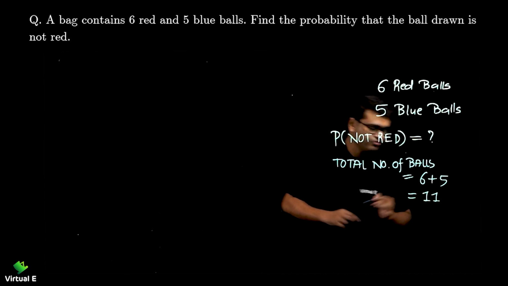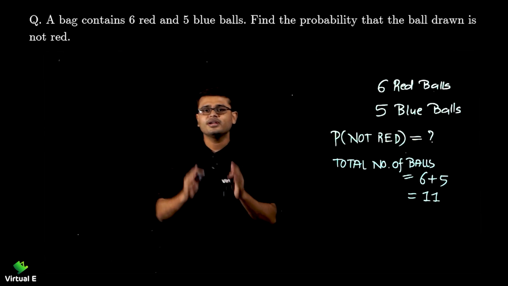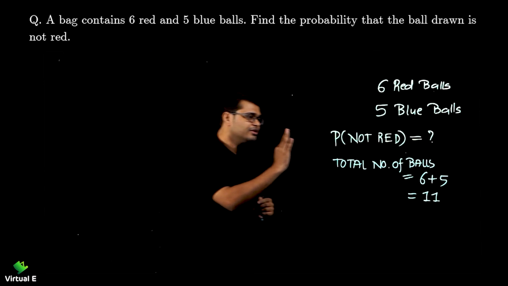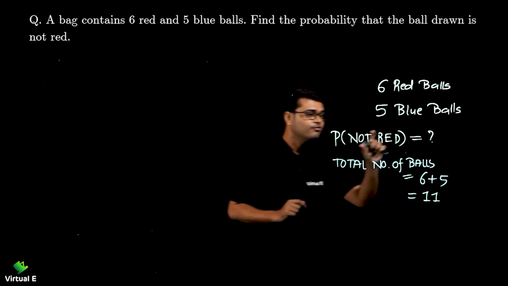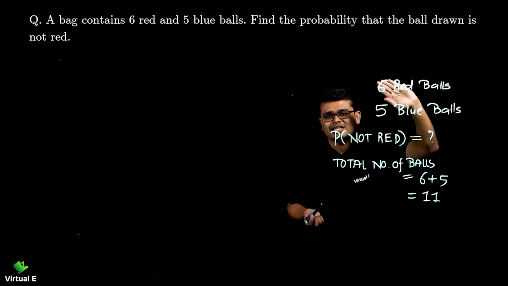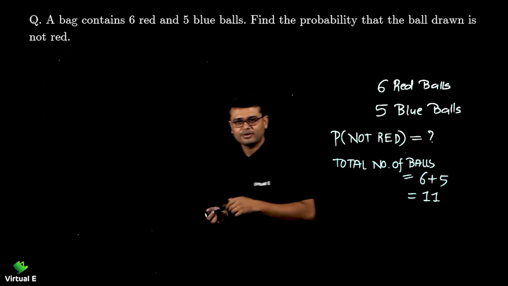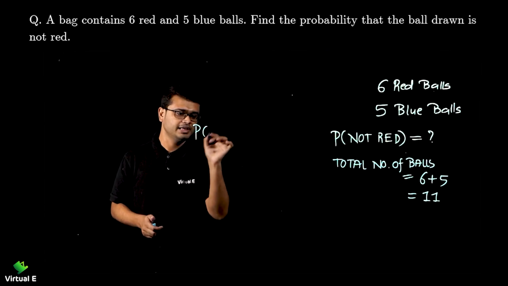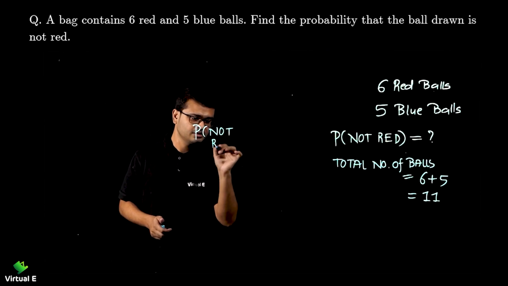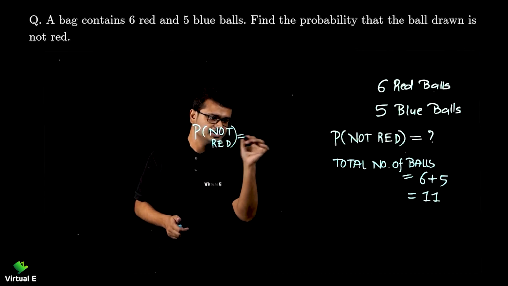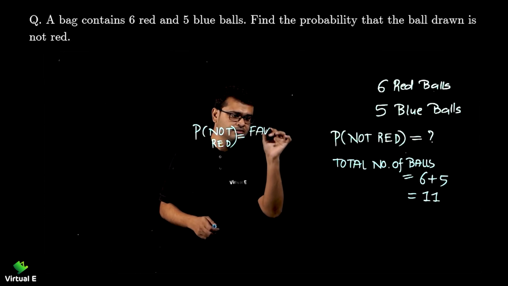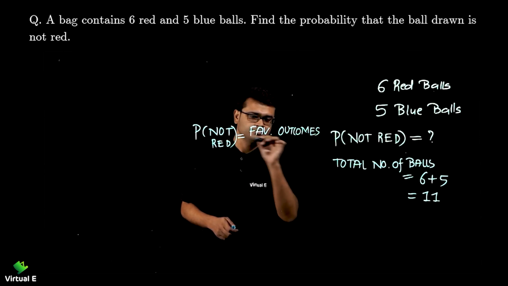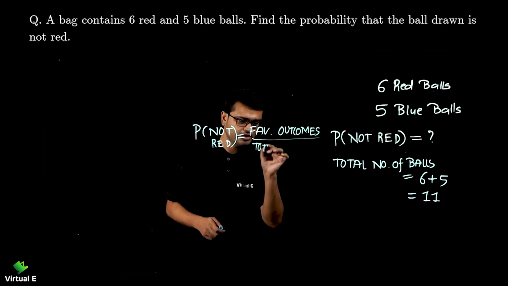So 11 balls are there, or we can say the total number of outcomes is 11. Good. Now let's talk about the favorable outcome. We do not want red, so just hide the red. Then what's left? 5 blue balls. So that's the favorable outcome. Simple. Let's get the answer. So the probability of getting not red is equal to favorable outcomes over total number of outcomes.